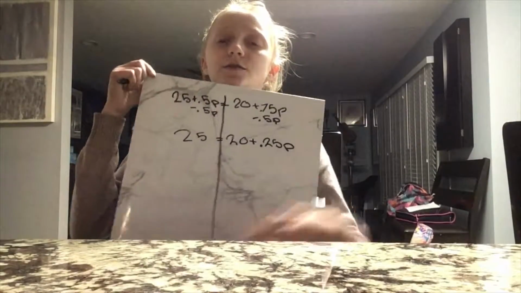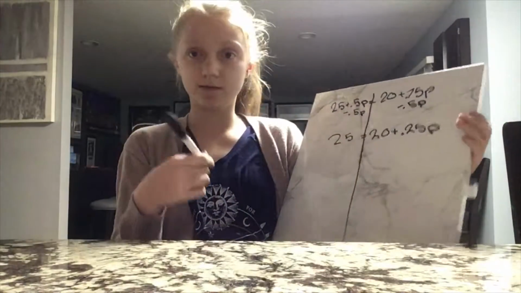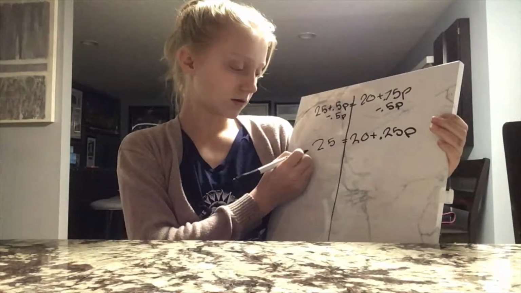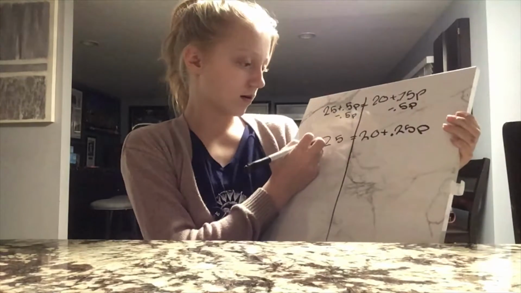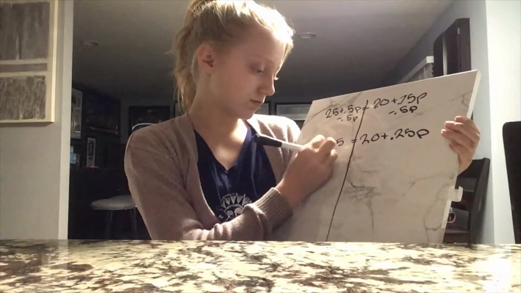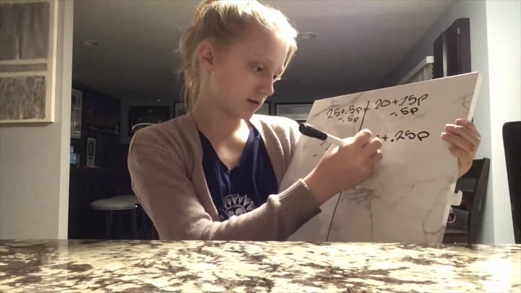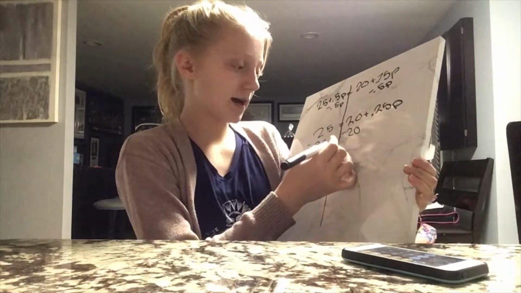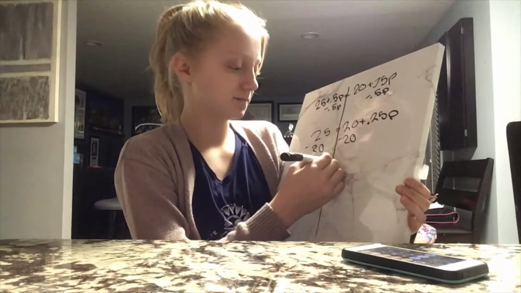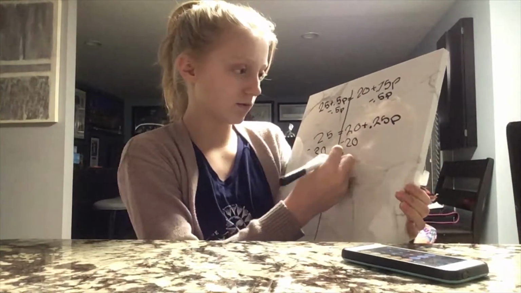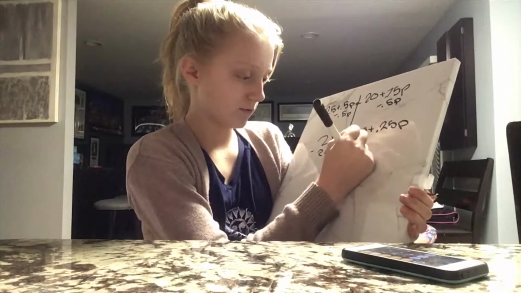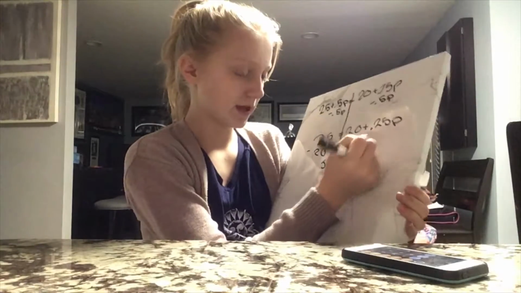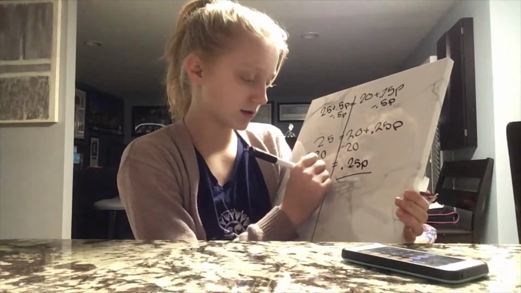Now what we're gonna do is just keep going like it's no problem. We're gonna go minus 20, which would be 5. Okay, now that we did that, we're going to do equals 0.25p, and now we're going to want to get rid of this.